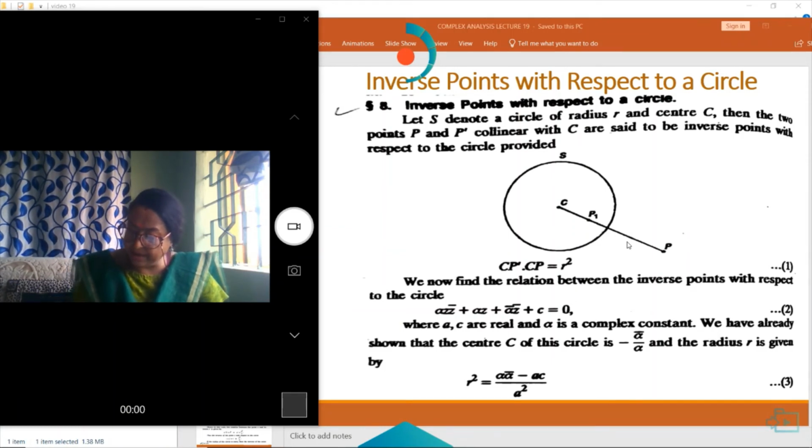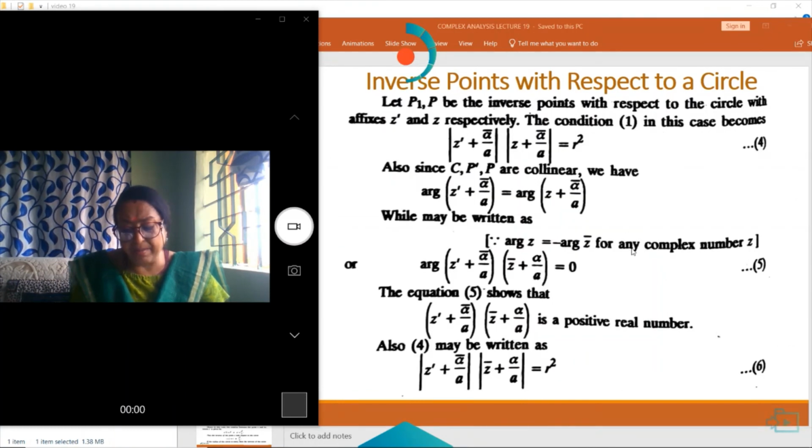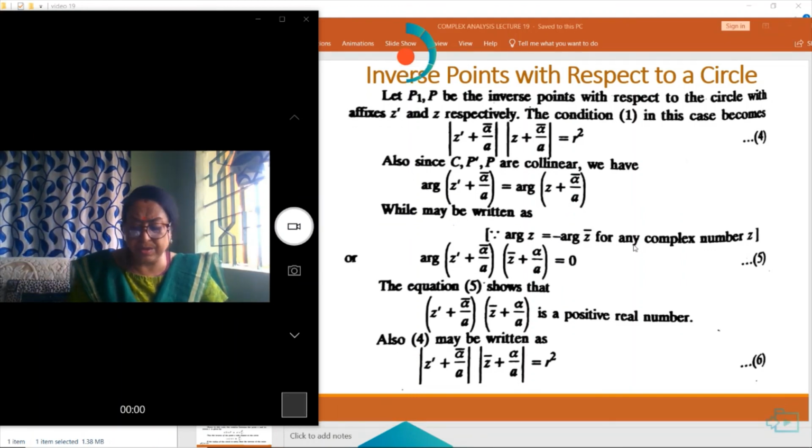Thus, condition 1 can be written as shown on your figure, and then arg of z dash plus alpha bar by A is equal to arg of z plus alpha bar by A, which upon calculation gives us (z dash plus alpha bar by A) into (z bar plus alpha by A) is equal to r square, which on calculation gives us A z dash z bar plus alpha bar z plus alpha z bar plus C is equal to 0.